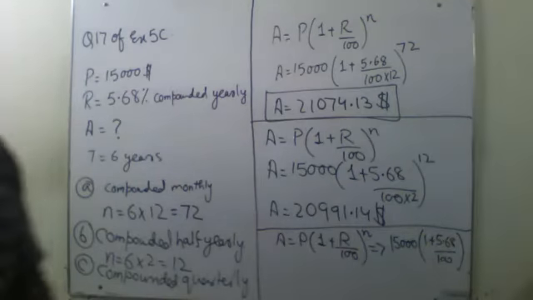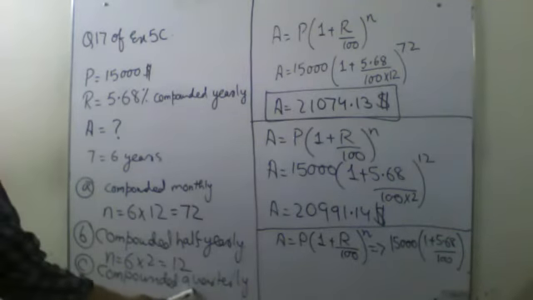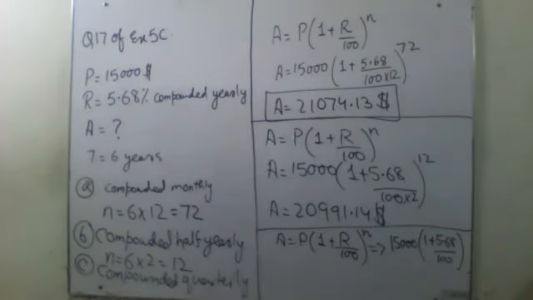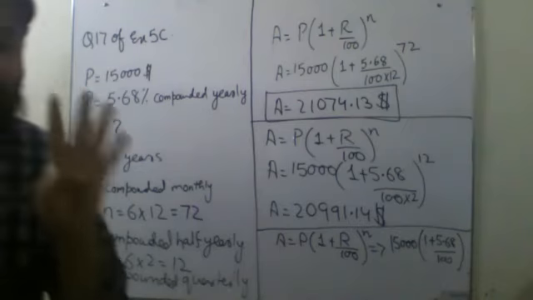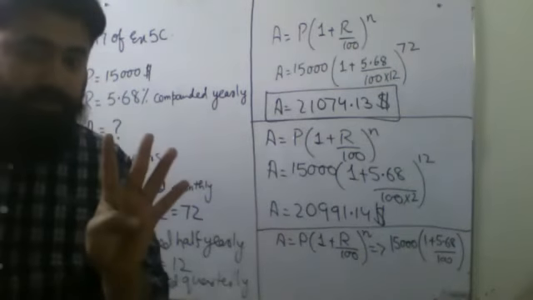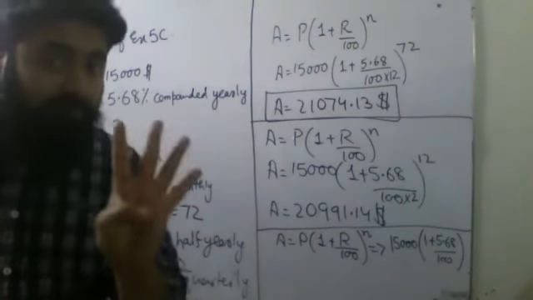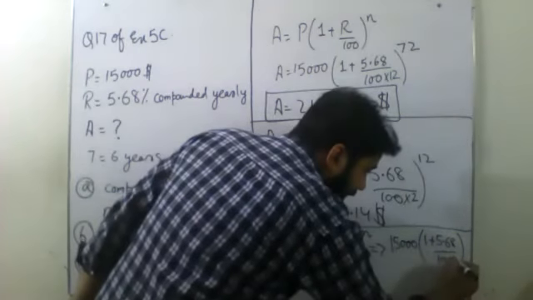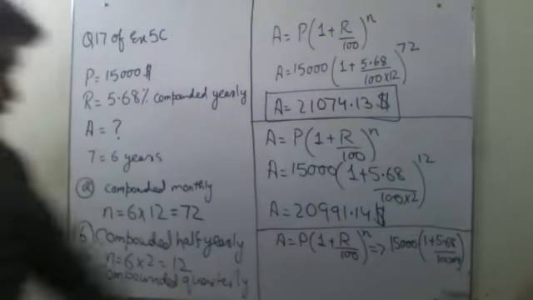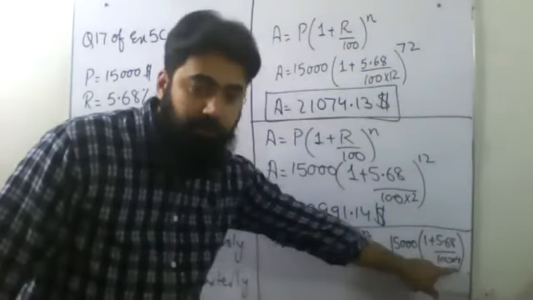Now, the main thing, they are giving us quarterly. So now, in a single year, I will be having 4 quarters. So what will I do? I will divide my rate by 4.